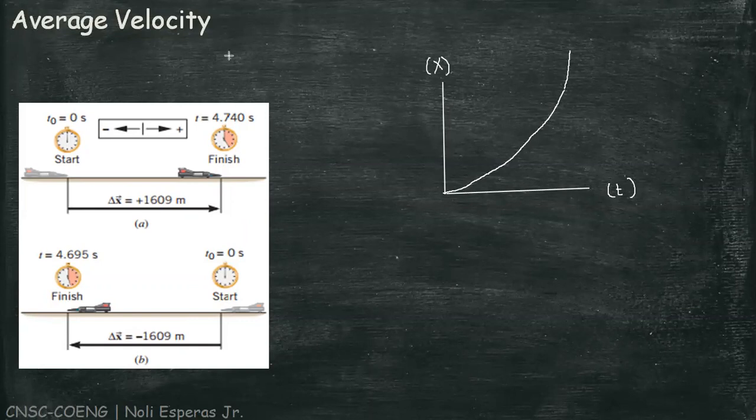Okay, so let's say we have here an initial position, let's say P0, and a final position, let's say here PF.